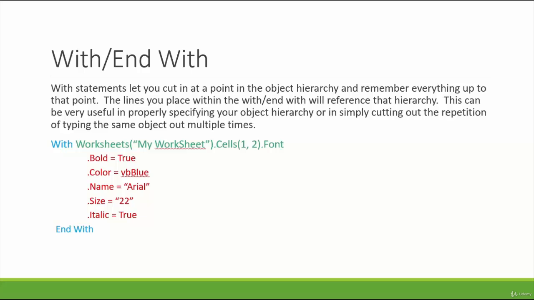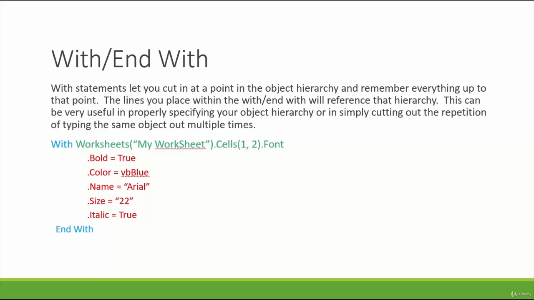So in this particular example, I know that I want to work with my worksheets called my worksheet. I want to look at the cell in row 1, column 2 of that worksheet. And specifically, I want to look at the font properties of that cell that I just specified. But I don't want to have to retype this every time I reference that font property.